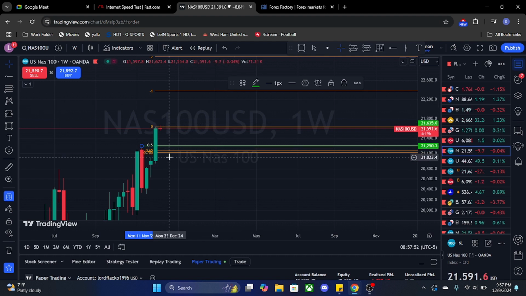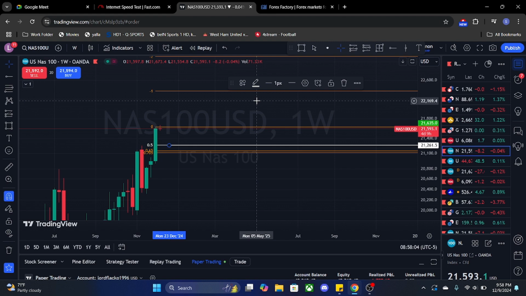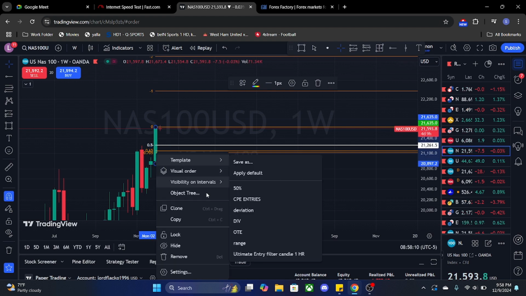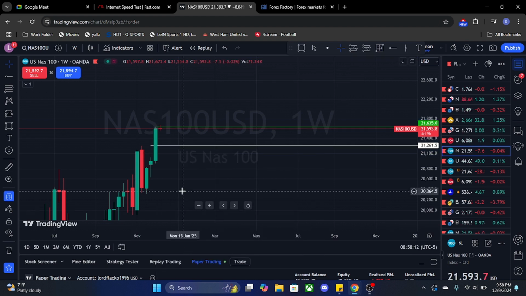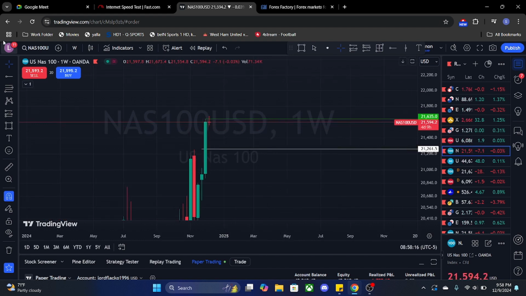But for now, the 50% would be my target. So if I get any kind of change in the state of delivery, I can target that way and then look at how to trade later on during this week.